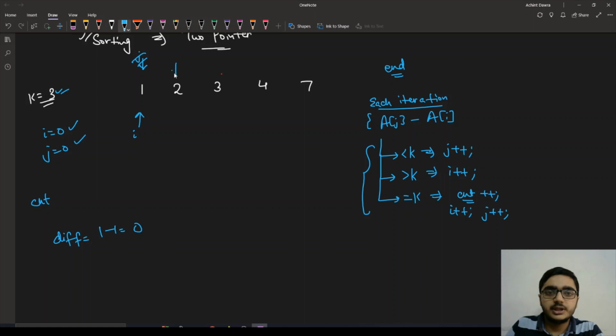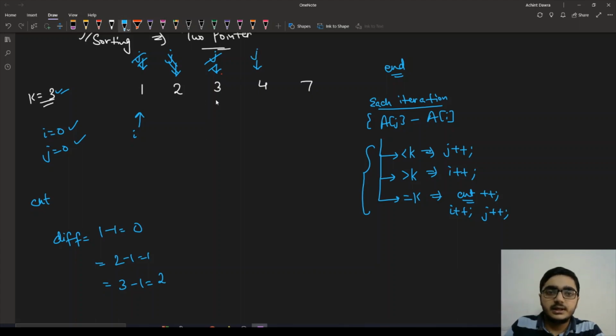Now again calculating the difference, it comes out to be 2 minus 1, which is 1, which is again less than 3, so we again increment the j pointer. Now the difference becomes 3 minus 1, which is 2. Still 2 is less than 3, so we again increment our j pointer.